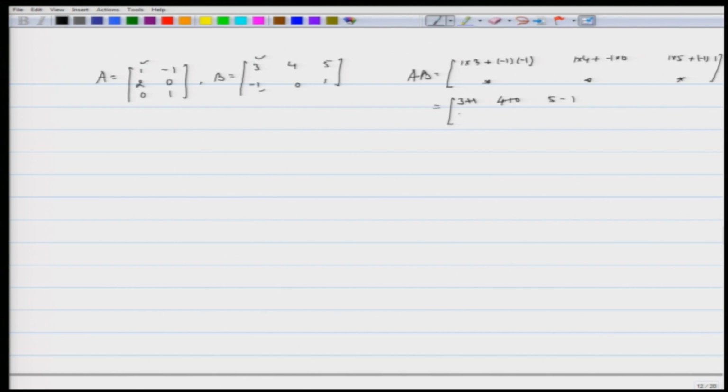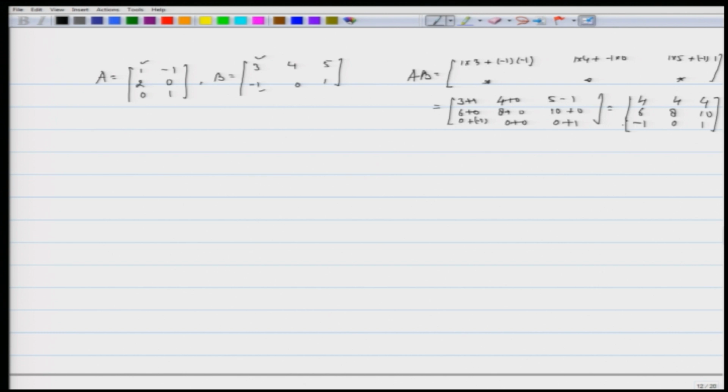This is 2 into 3 is 6 plus 0, then 2 into 4 is 8 plus 0, 2 into 5 is 10 plus 0. 0 into 3 is 0 plus minus 1, then I have 0 plus 0, and I have 0 plus 1, which is the same as 4, 4, 4, 6, 8, 10, and minus 1, 0, 1.